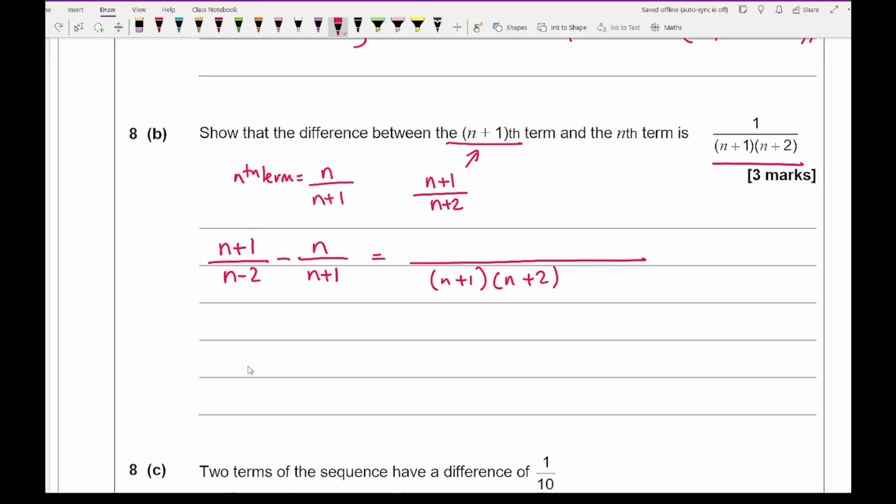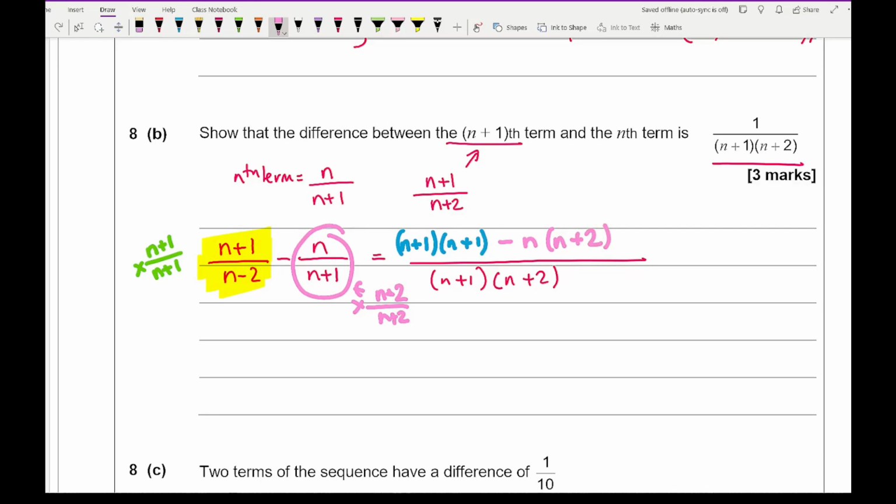Now to get that denominator, I need to multiply the first fraction by n plus 1 over n plus 1. So then the numerator becomes n plus 1, n plus 1. And we multiply the second fraction by n plus 2, so then that's going to be minus n, n plus 2.